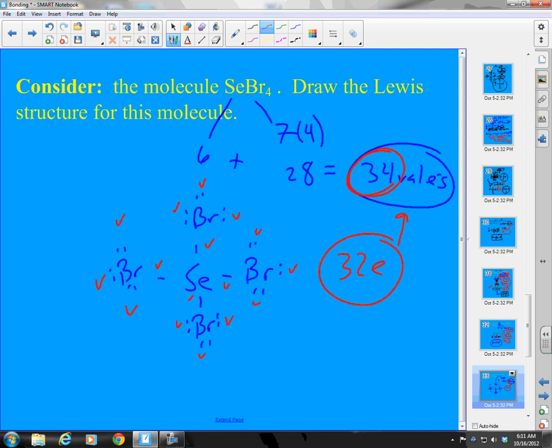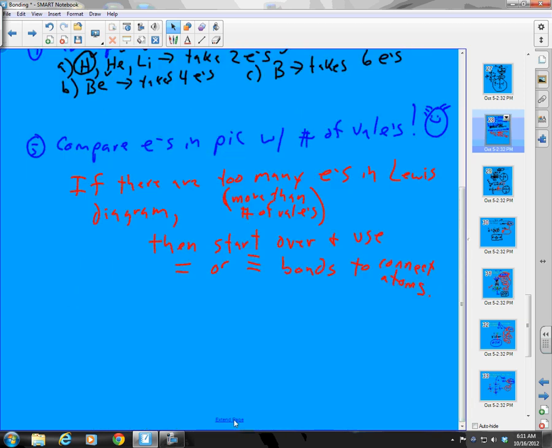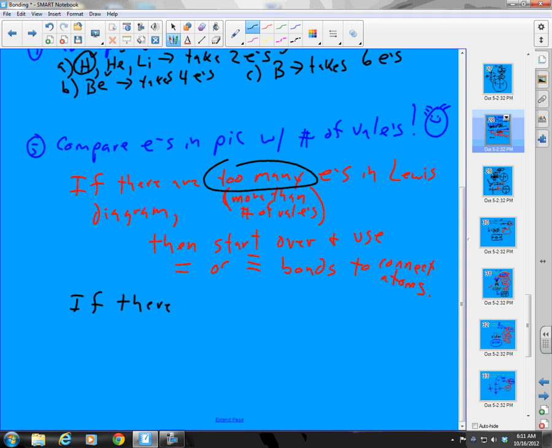What do we do now? Well, let's go back to our rules and look at number 5. It says compare electrons to the number in the picture. We talked about what to do if there are too many electrons in our picture. What if there are too few electrons in our Lewis diagram?